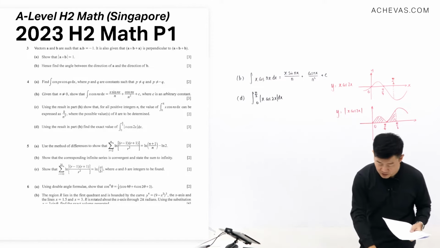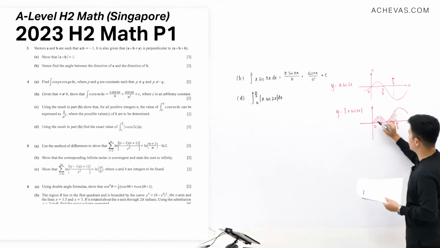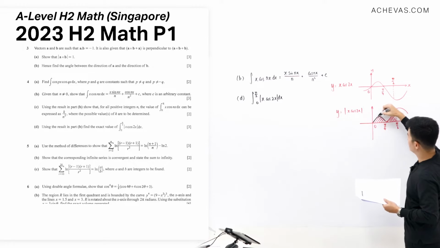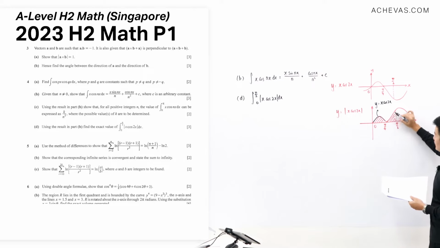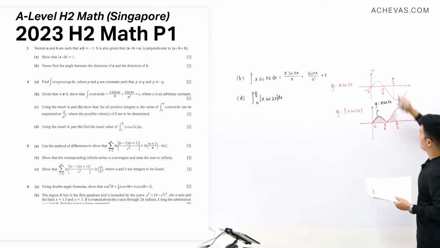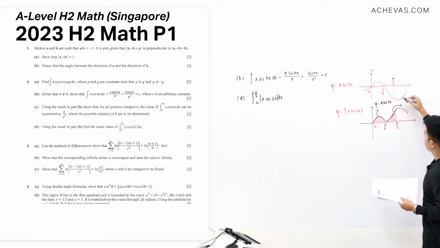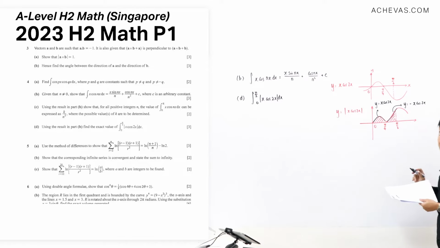So what we can do is see this portion of the graph as the original one. This portion of the graph will be represented by y equal to x cosine 2x. And as for this portion of the graph, it is the reflected portion. So for this portion, I'm going to see it as y equal to minus x cosine 2x.